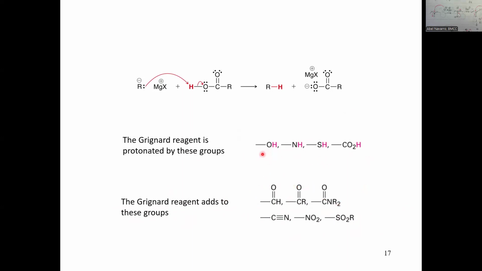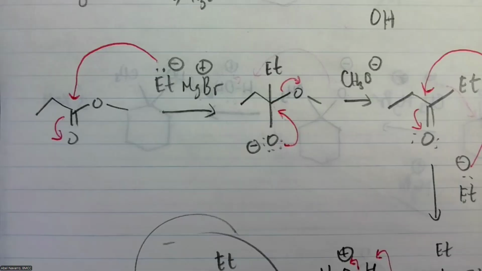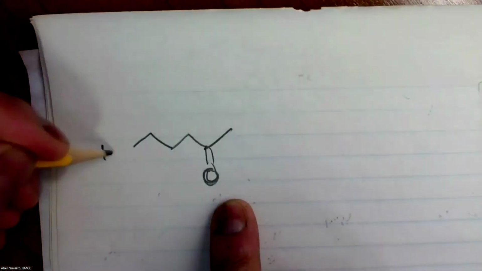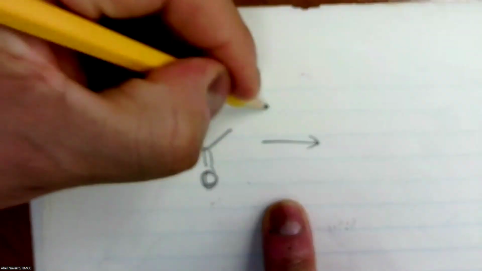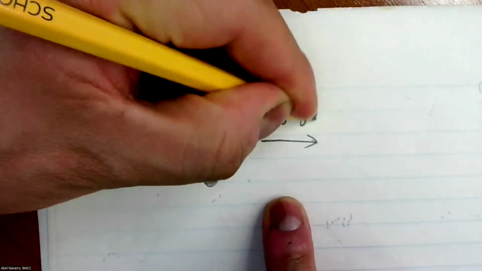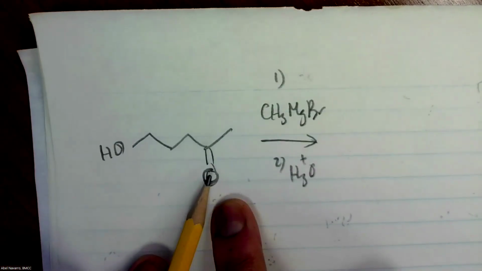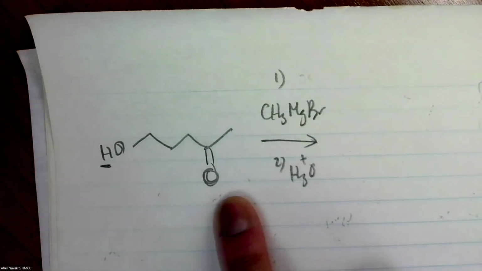And also you cannot have any free OH, free NH, free SH, or free carboxyl group. For example, let's say I want to do a Grignard with methyl Grignard. You say, I know that ketones can react with Grignard, and I want to make an alcohol out of this ketone, but I have an OH here.